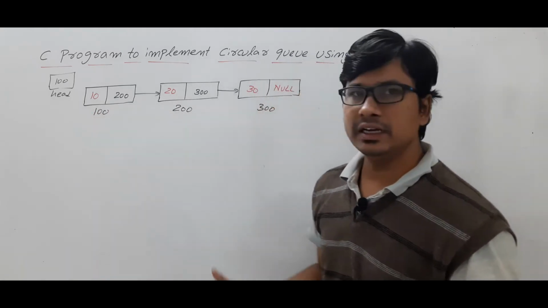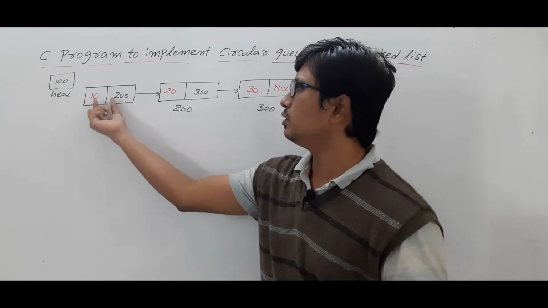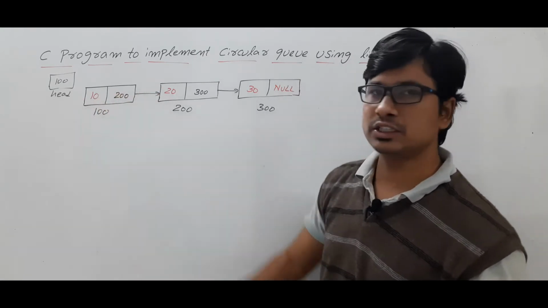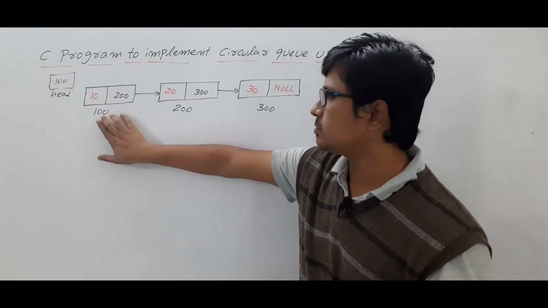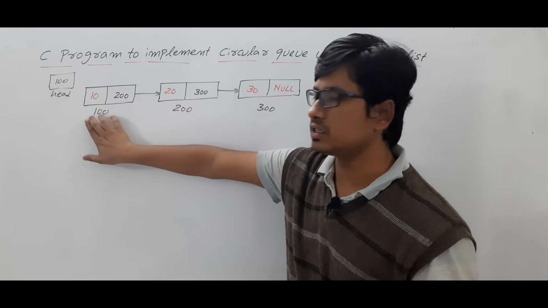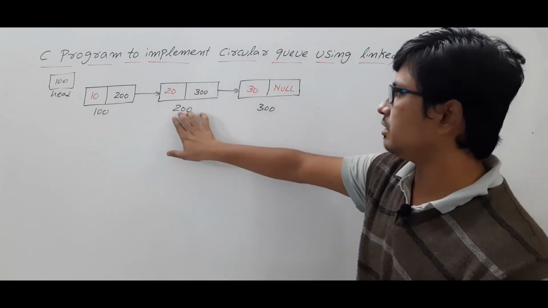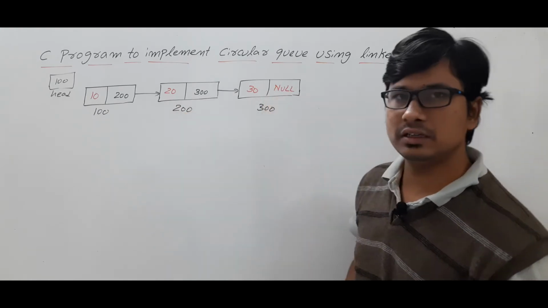Now, a linked list is a collection of nodes and each node has two parts. One is the data and the other is the address of the next node. Look at each node. Each node has been allocated in some memory location. The first node is allocated at memory location 100, the second node at 200, and the third node at 300.